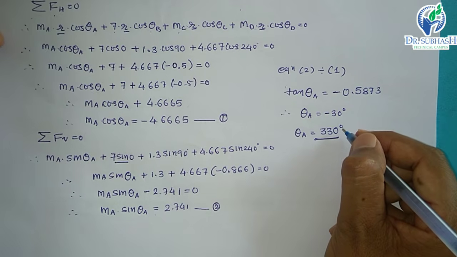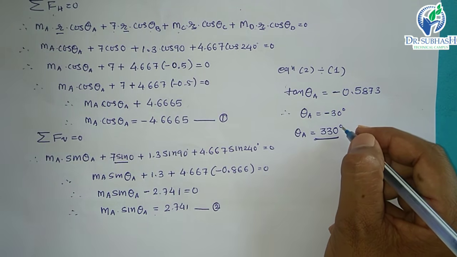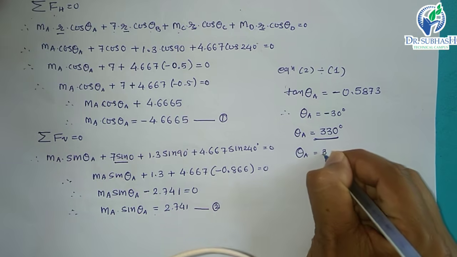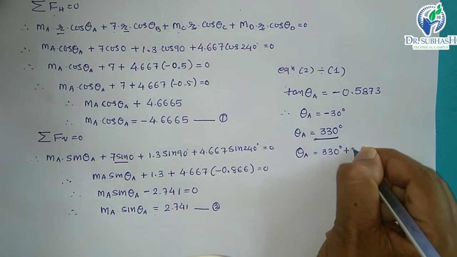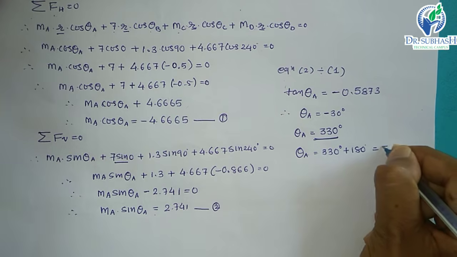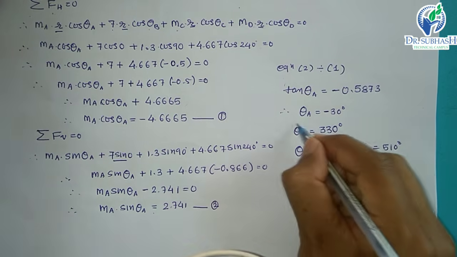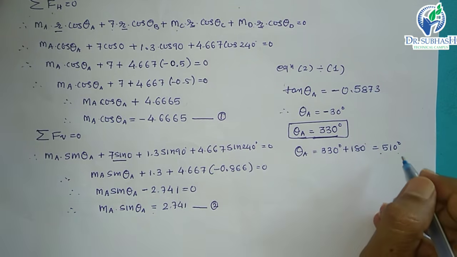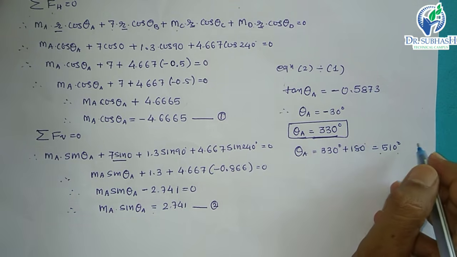Now this is the direction of the unbalanced force. So if we want to balance, then we have to consider theta a is equal to 330 degree plus 180 degree, so it is 510 degree. So our theta a is 330 degree or 510 degree.